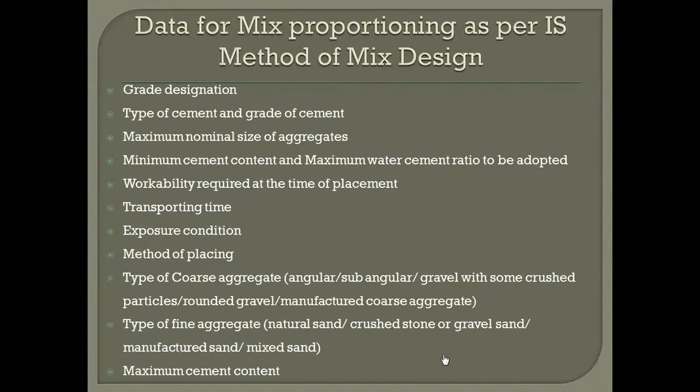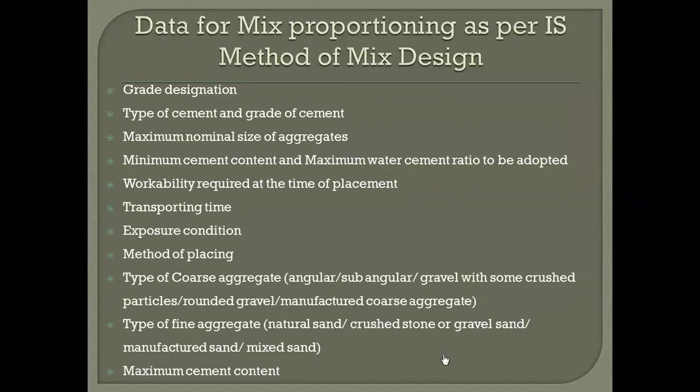So, data which is required, there are two slides, so I'll explain this. Data required for mix proportioning: grade designation, type of cement and grade of cement, whether OPC or PPC and what its grade, maximum nominal size, 20 mm or 40 mm, minimum cement content and maximum water cement ratio.